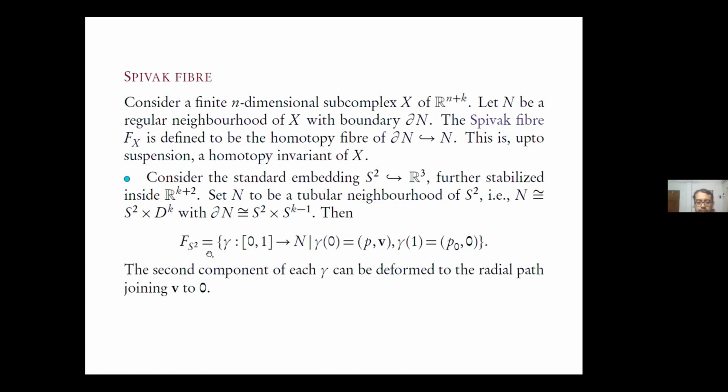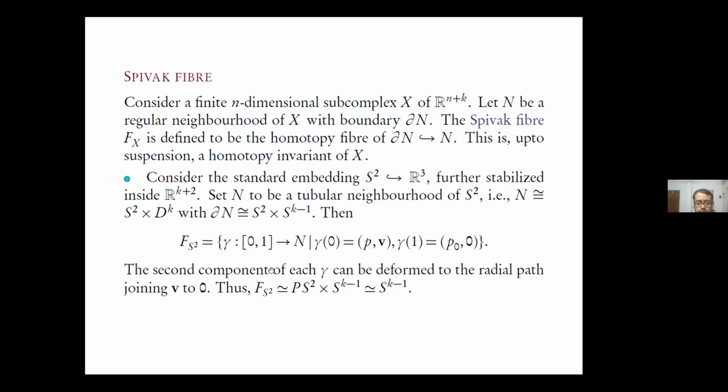So you can always deform the second component to the radial path joining V to 0. Effectively, you can deformation retract F of S2 down to a collection of paths from P to P0, and in the second coordinate you have a standard path going from V to 0 by the map (1 minus t) times V. Once you fix the second path as the radial path, that's determined by this point V, right? And in the first component you have all paths joining P to P0, where P0 is fixed and P is allowed to vary over this S2, right?